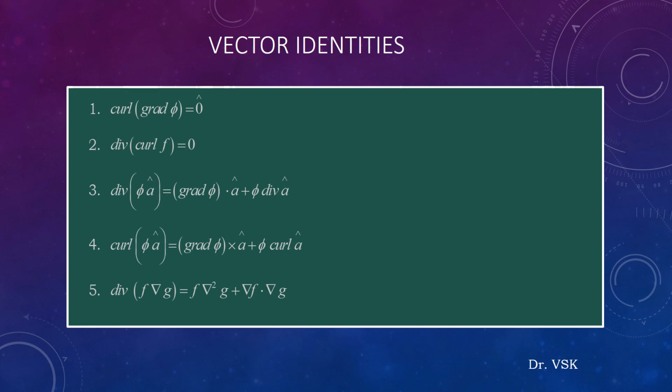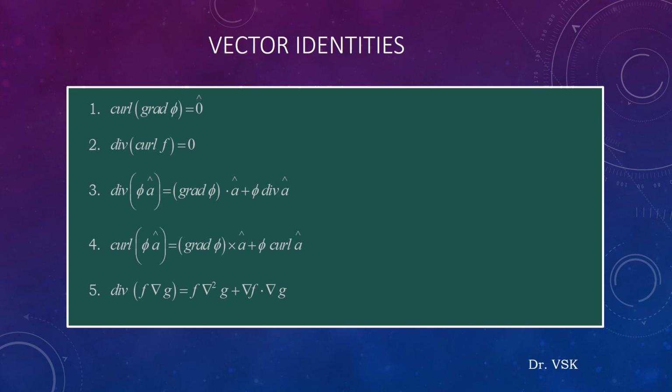Div of phi a cap equals grad phi dot a cap plus phi div a cap. Observe the RHS. In the RHS, grad phi is a vector, a cap is a vector. In the first term, the dot product between those two vectors, grad phi and a cap, produces a scalar.